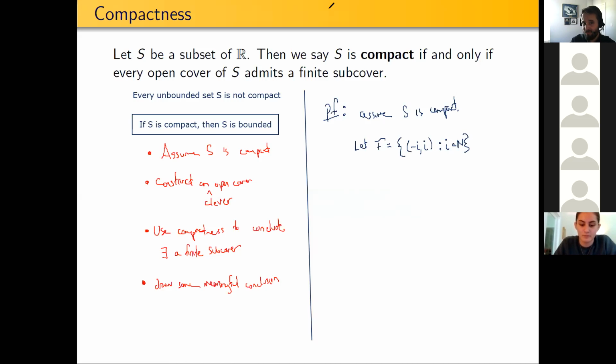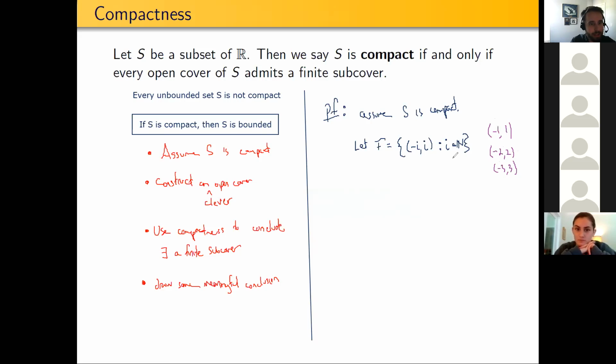The whole argument boils down to choosing this clever F. To be really clear, one of our open sets is the set from -1 to 1, one of them is the set from -2 to 2, we have the set from -3 to 3, and so on.